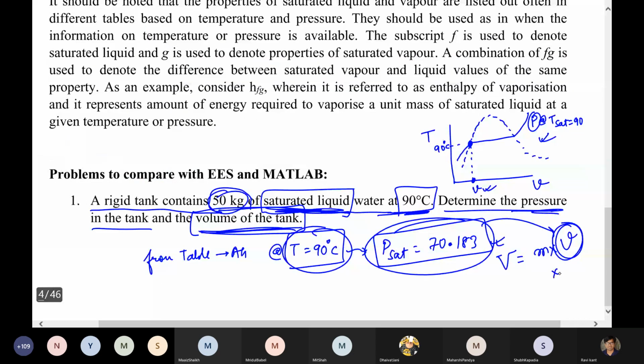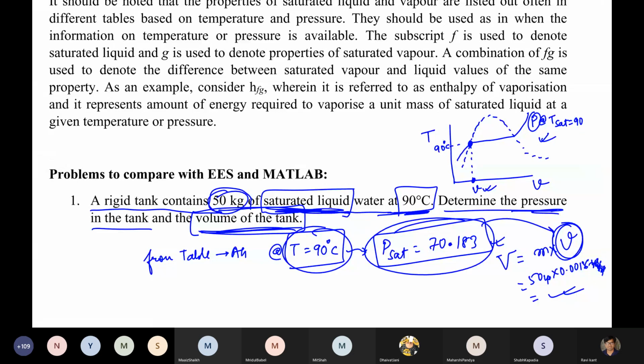This is in cubic meter per kilogram, times 50 kg. If you do the algebra, you will get the proper answer. But now we are going to validate this result through the EES software or any software.